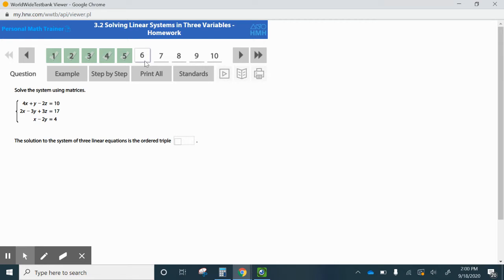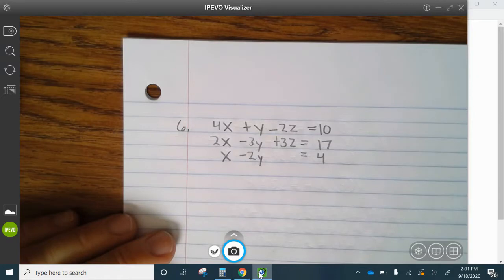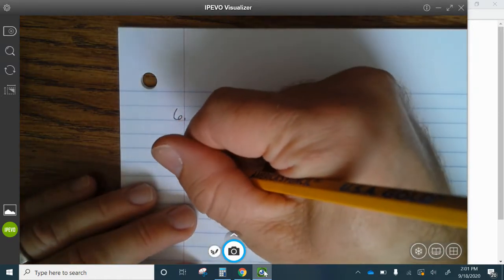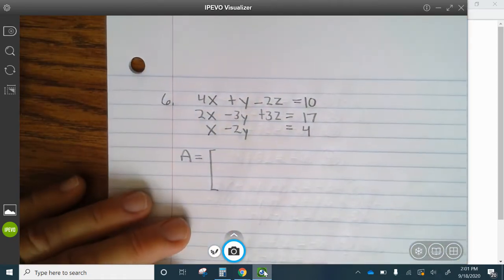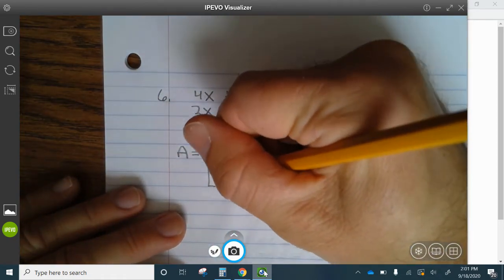So then matrix A is 4, 2, 1, 1, -3, -2, -2, 3, 0. Okay. And then x is x, y, z.